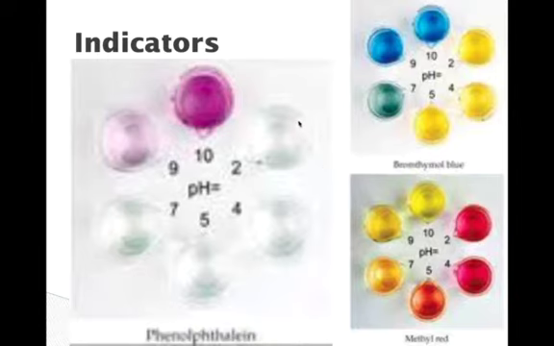This is phenolphthalein. This one's pretty useful because it has such a dramatic change here. We've got clear all the way up through neutral, no change, and then a really dramatic jump to dark pink when we hit the basic levels.